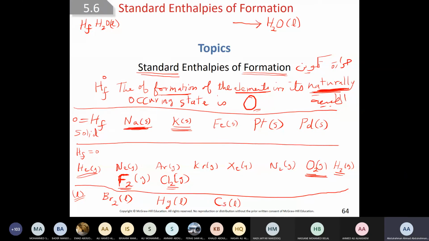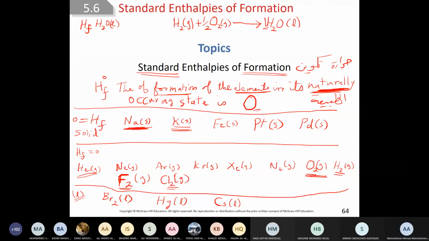So how can you make water from naturally occurring elements? This is how the elements are available in nature. I have H2 and O2. I need to make one mole of water, so what's the reaction? H2 gas plus O2 gas, and then I need to balance it to make one mole here, so I multiply the O2 by half.